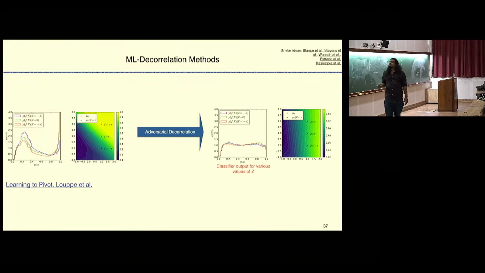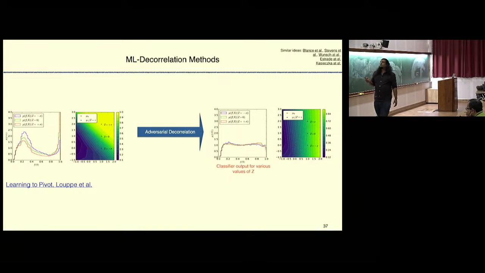So in practice, in this very nice paper, Learning to Pivot, what they showed is, if this is the output of your classifier traditionally, it's going to have a different distribution for data coming from different values of the nuisance parameter. The blue, green, and red are different simulations at different fixed values of the nuisance parameter. And then your decision function is like that.